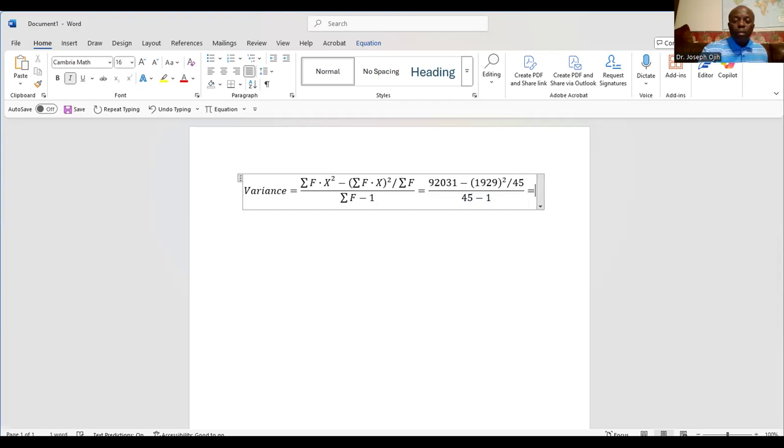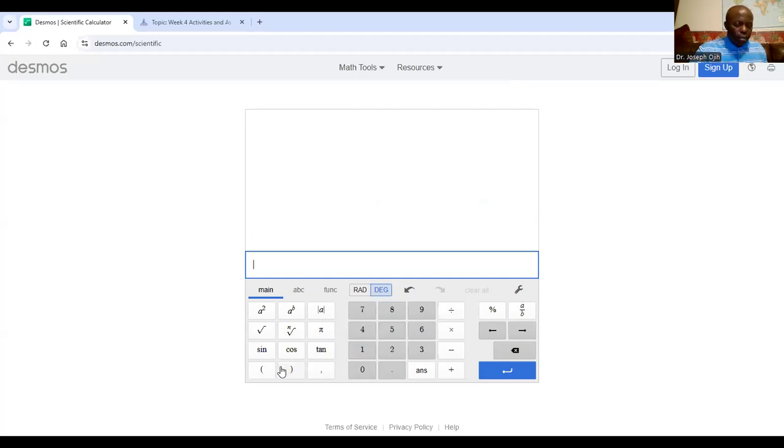Let me make the font 16, which should be good enough. So let's go and put this in the calculator to get the answer right away.